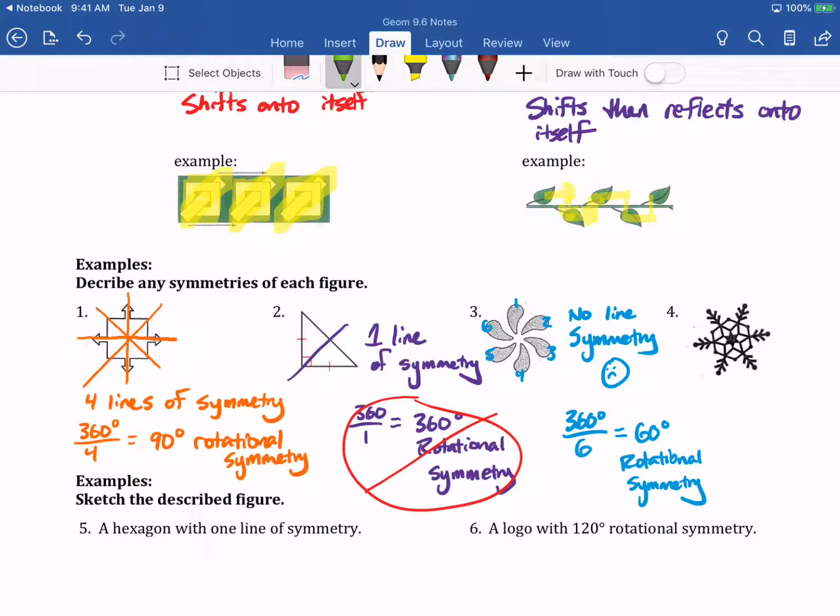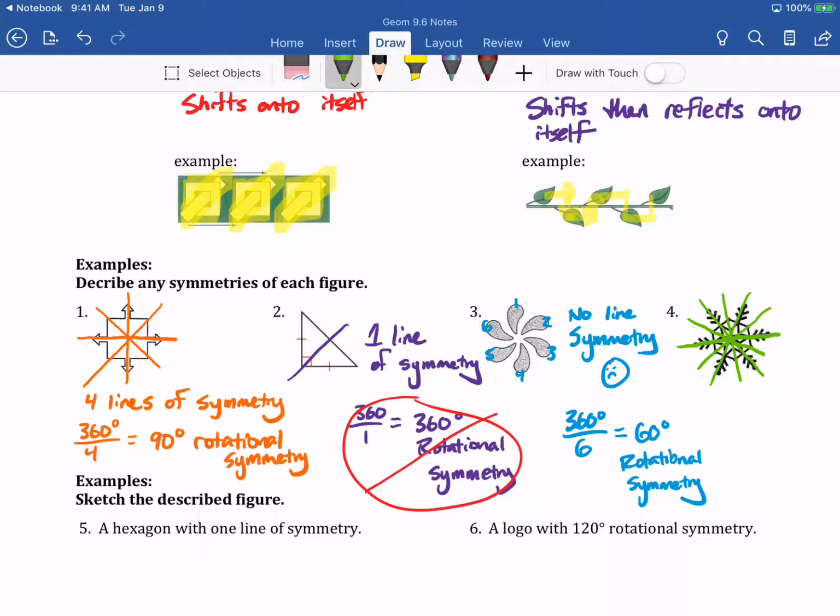Okay, in our next example, we've got a lot of symmetry in this snowflake here. So we could draw a line right here, a line right here, a line here. So there's 3 lines of symmetry, but then we could also do the in-betweens, like from here to here, and from here to here, and from here to here.